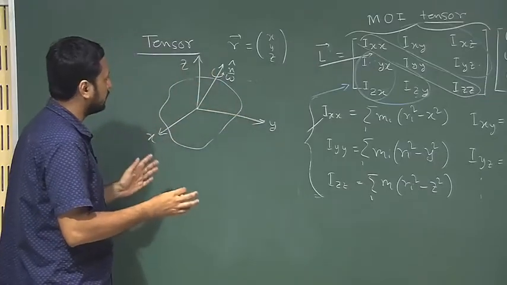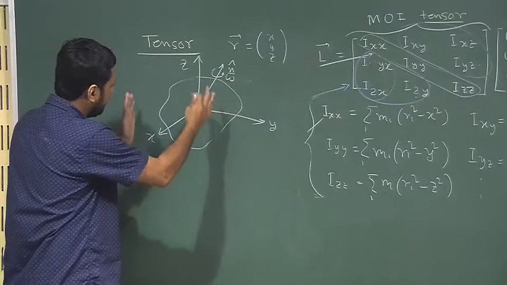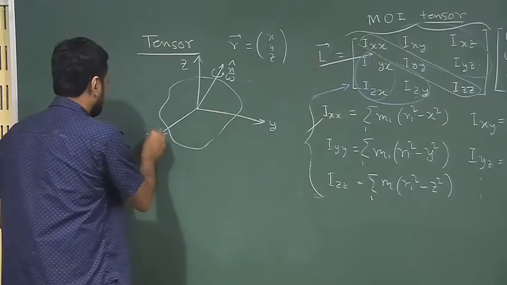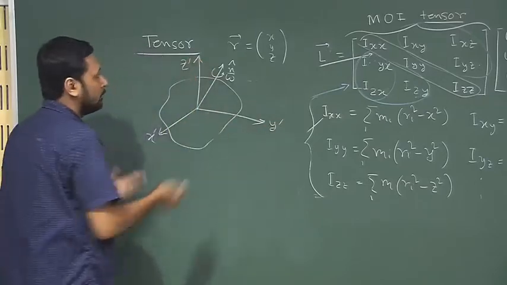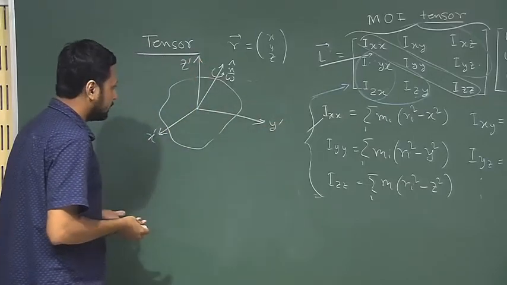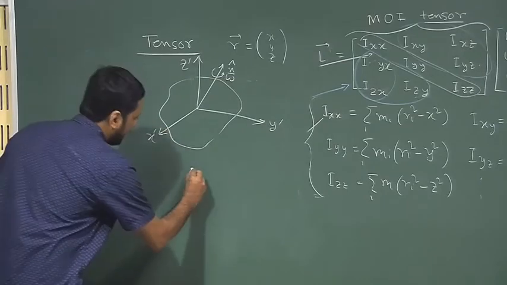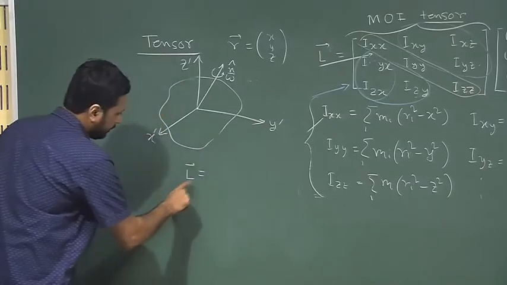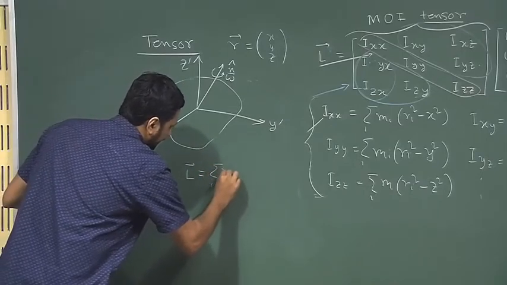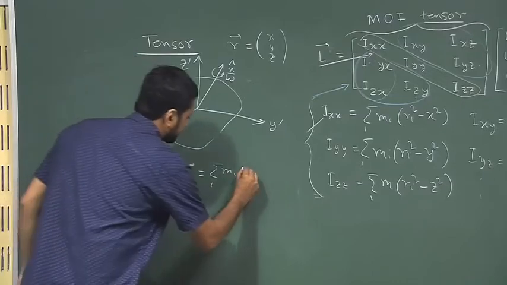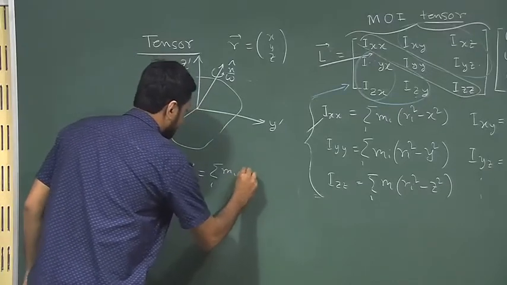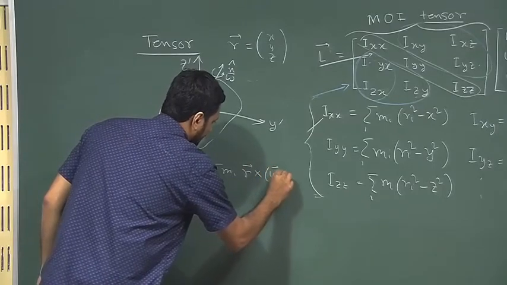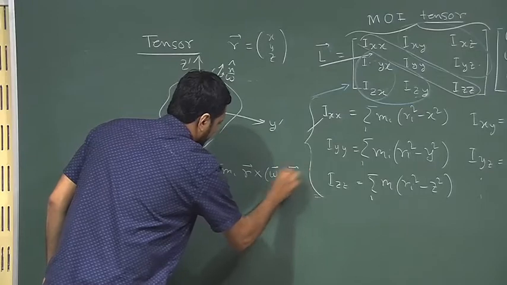We can also think of an axis system which is fixed in space. Okay. So, for now let us assume that we have x prime, y prime and z prime, which is also a valid description, because if you recall, we started with an equation L which was given as the sum of m_i, r_i cross omega cross r_i, right.